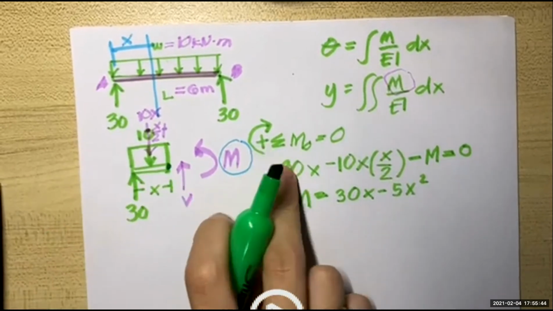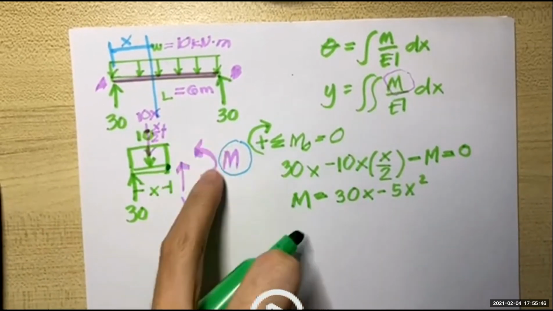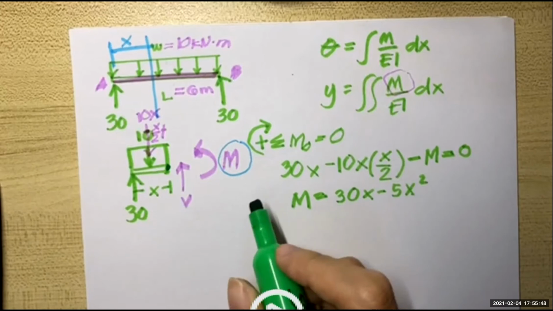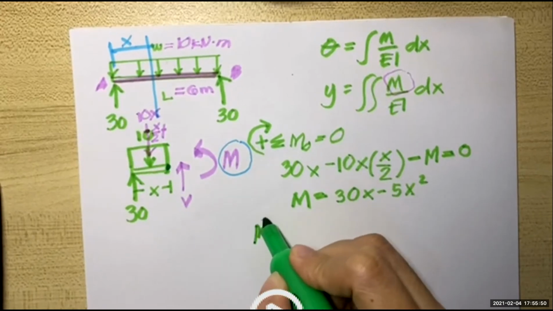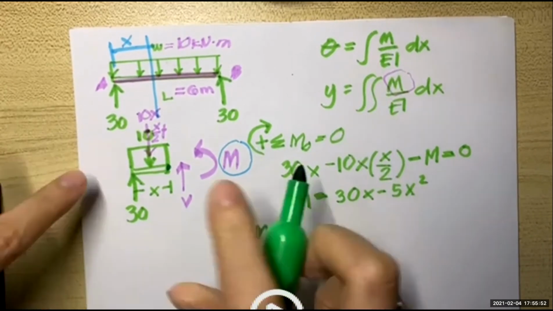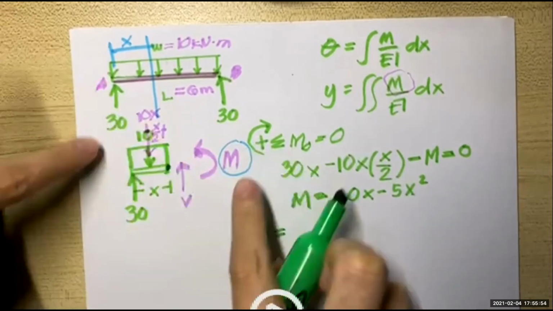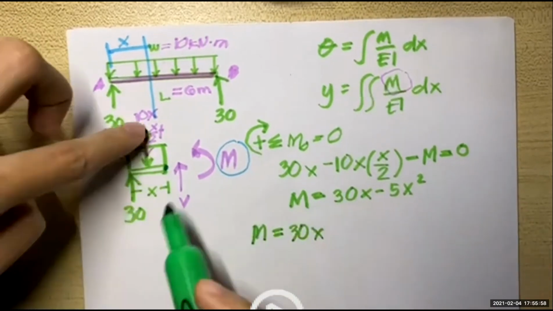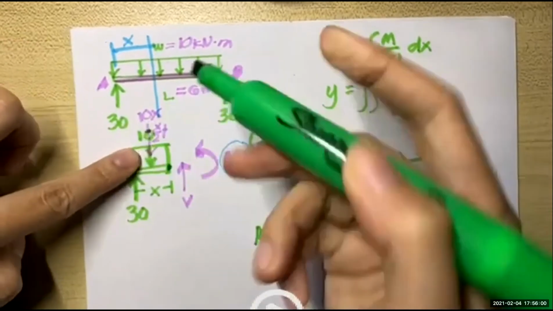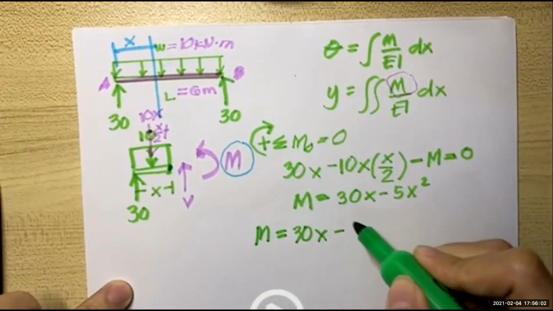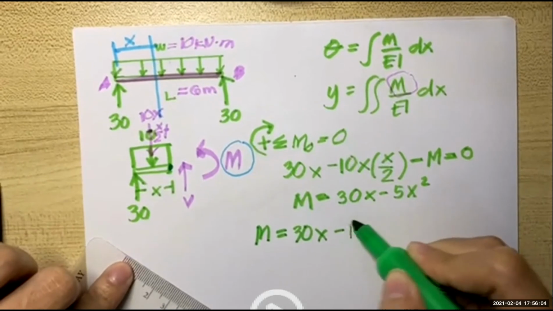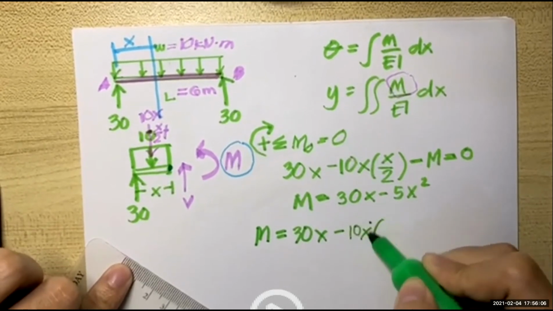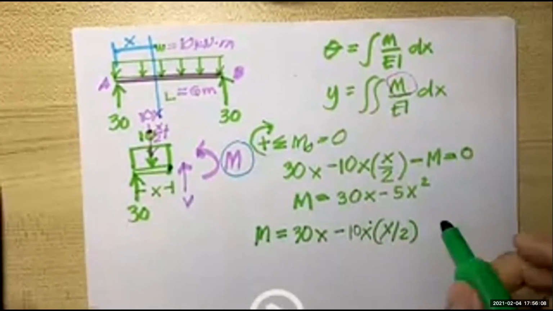So, isa-isahin natin. You have your moment that is counter. So, moment, counter siya, equal to 30x, opposite, so positive, so 30x. 10x, so same direction, so negative. 10 times x over 2, which is equal to this one.